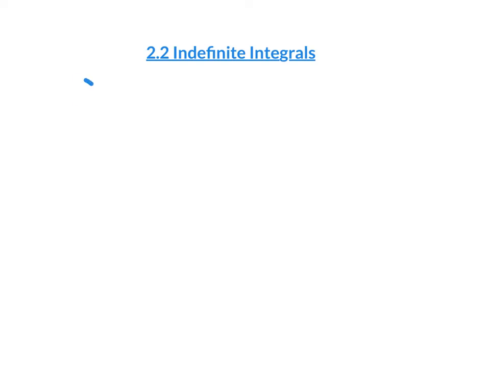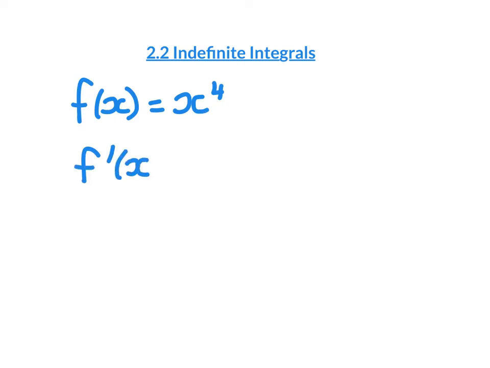the fact that if I have a function which is, say, x to the power of 4, if I differentiated that, I'd multiply by the power and reduce the power by 1, so I'd get 4x cubed. If I was to integrate that, I would get back x to the power of 4.